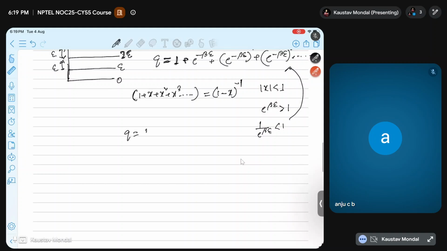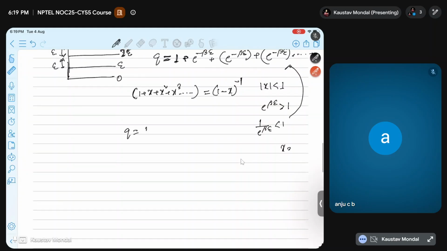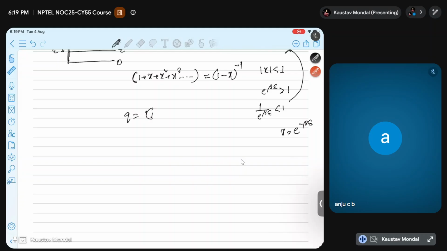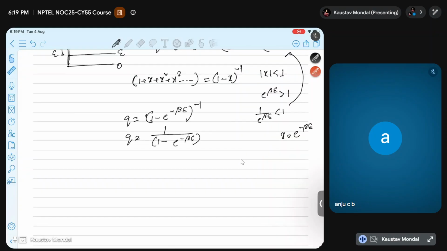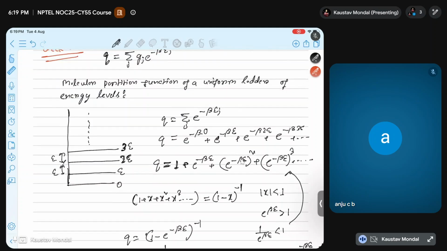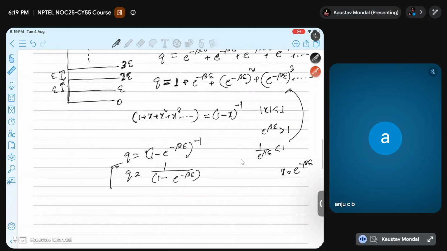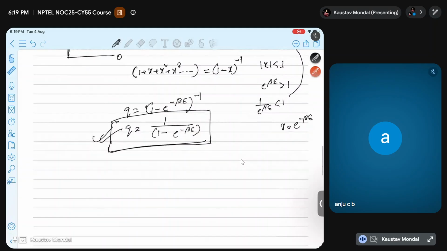In our case the x would be e to the power minus beta E. So in a similar way, this whole thing you can write as 1 minus e to the power minus beta E inverse, or q equal to 1 plus 1 by 1 minus e to the power minus beta E. This is a very compact, closed form for the total partition function of this uniform ladder of energy.